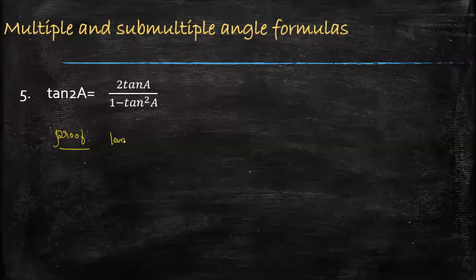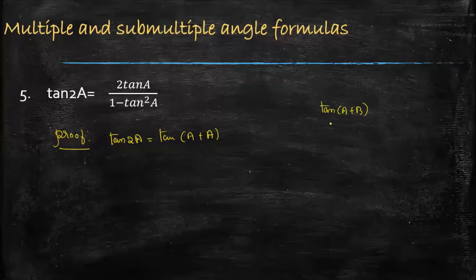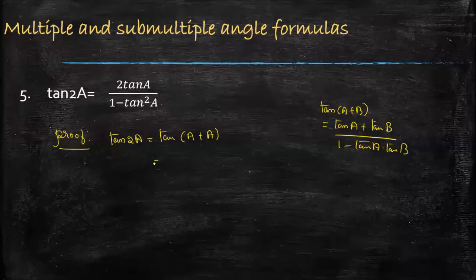Tan 2a, we start by writing it as tan a plus a. Writing 2a as a plus a. Then we apply the tan a plus b formula here. What is the tan a plus b formula? If you have tan a plus b, the formula is tan of a plus tan of b divided by 1 minus tan a into tan b.